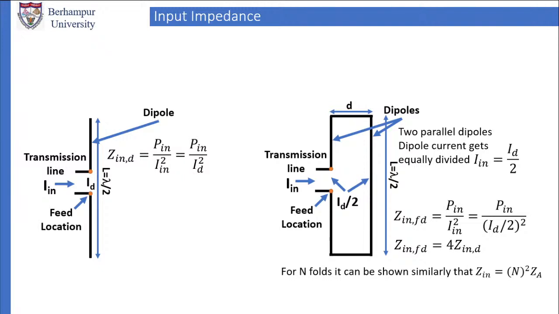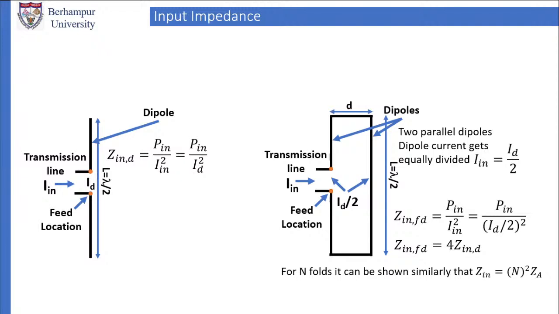Instead of being I_D in each arm, it will be I_D by 2. So because they are parallel, I_in will be equal to I_D by 2, because on each arm the current now will be I_D by 2.